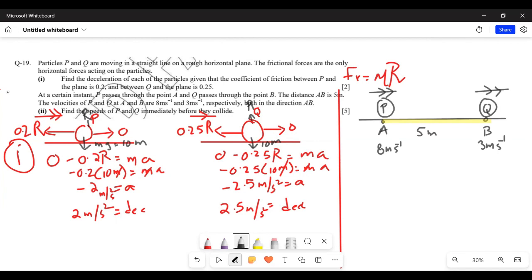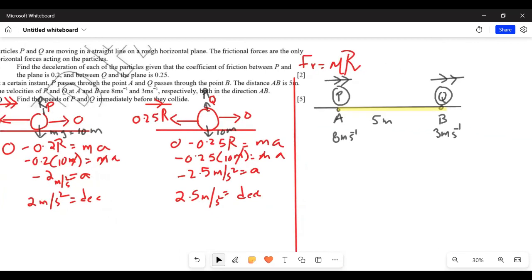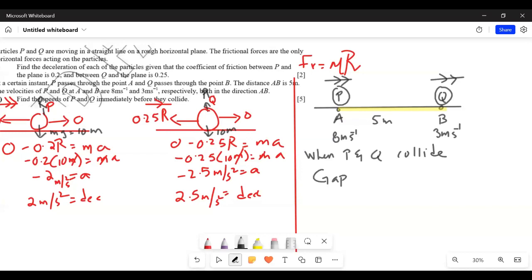Find the speed of P and Q immediately before they collide. So find the speed of both the particles right before they collide. In this case, what you have to do is form an equation of the gap between the two particles, because when P and Q collide, the gap between the particles is equal to 0.